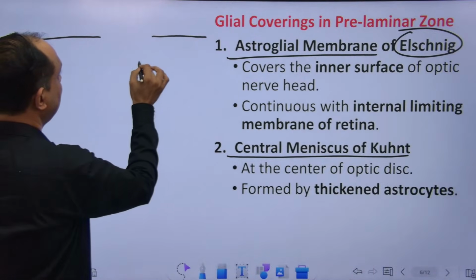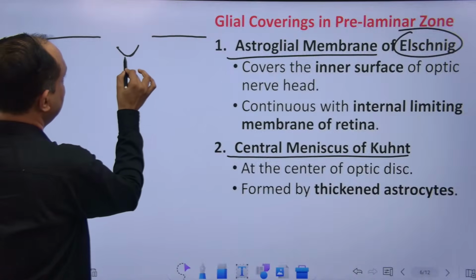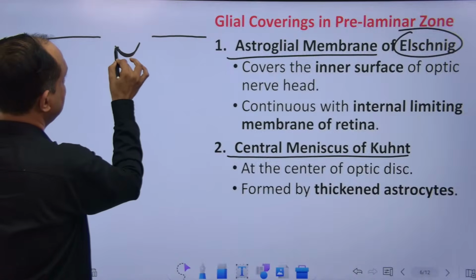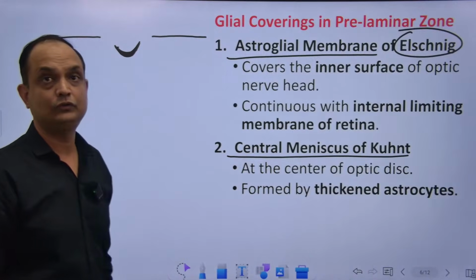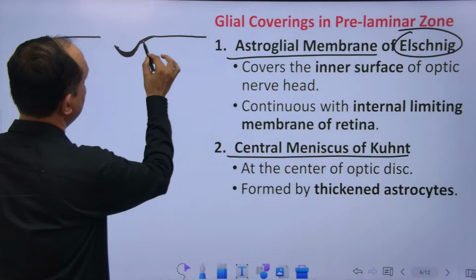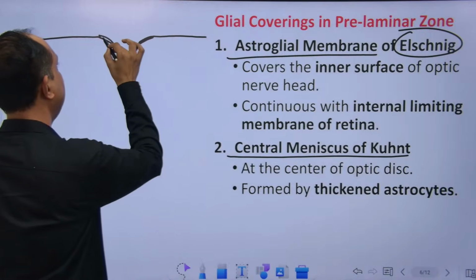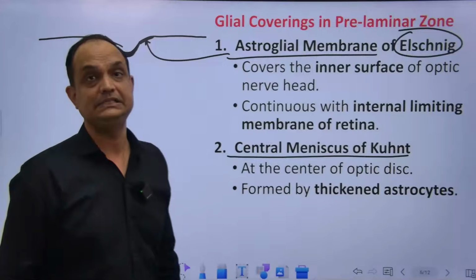Now, this is the center of the optic head. In the center, a thickening occurs, and this thickening is known as the central meniscus of Kuhnt. The continuation of this thickening with the remaining part of the internal limiting membrane is known as the astroglial membrane of Elschnig.